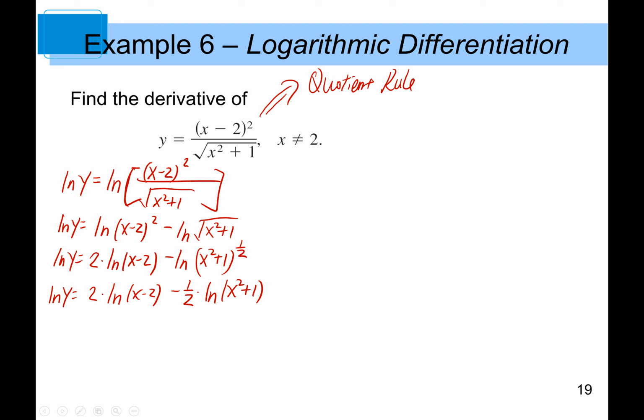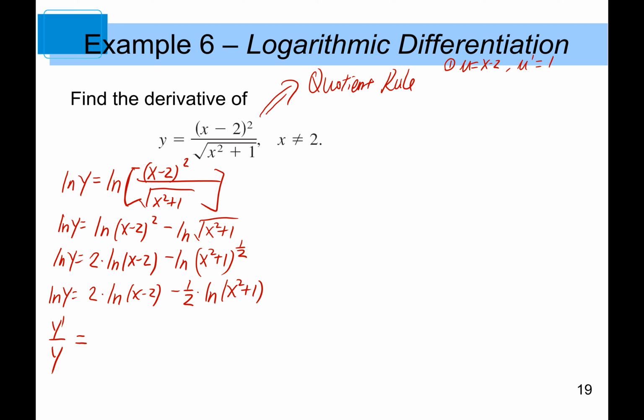Now we're taking the derivative on both sides of the equation. Derivative of ln of y becomes y prime over y, just like the derivative of ln of u becomes u prime over u. It's an identical scenario. So right here, again, you set u equal to x minus 2, so u prime is just going to be 1.